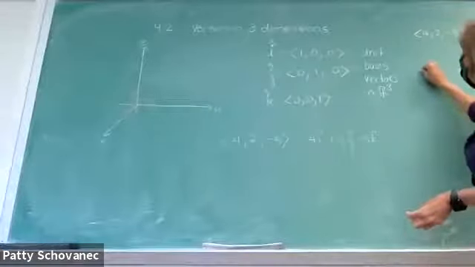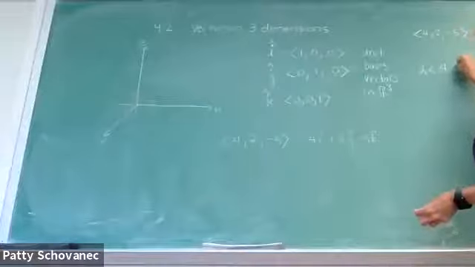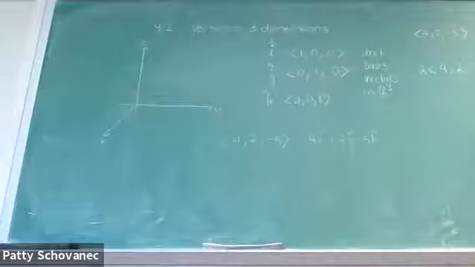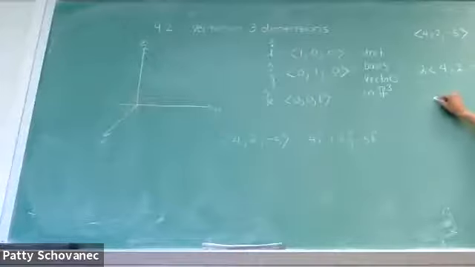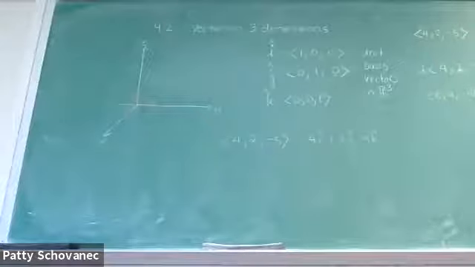So if I have 2 times this vector minus 5 times this vector, I can do that in a sequence of steps and get the vector 8, 4, negative 10 minus the vector 5, 10, 15.